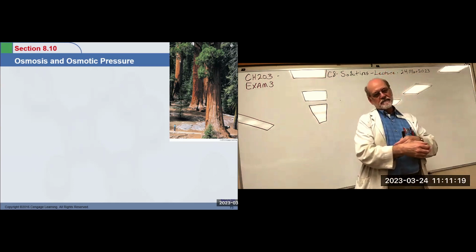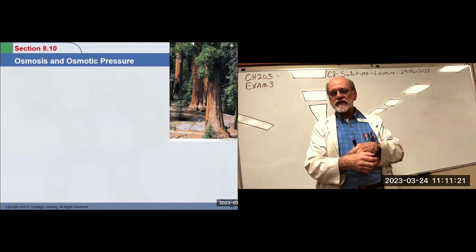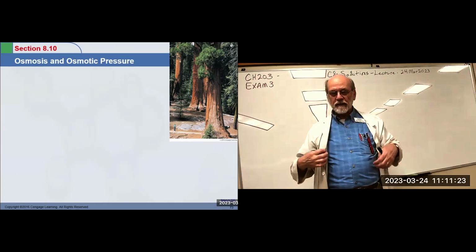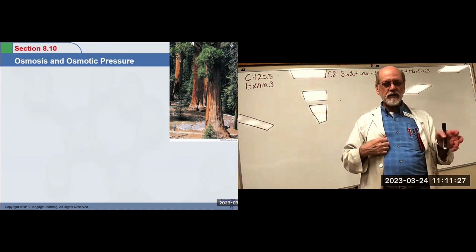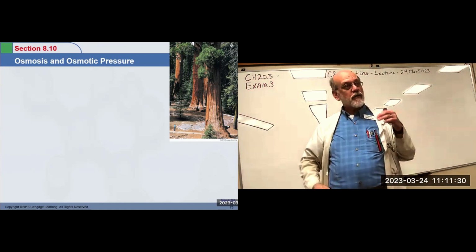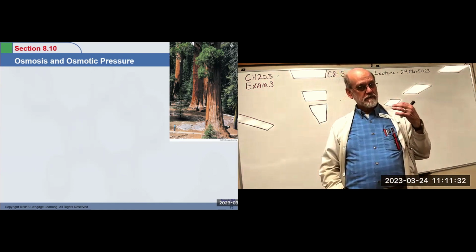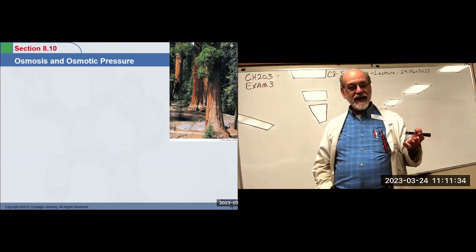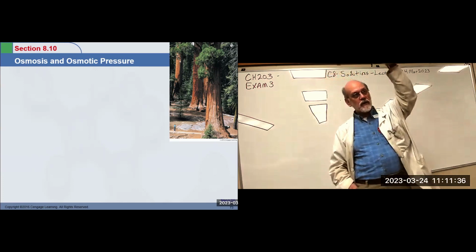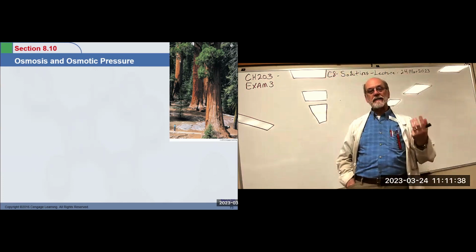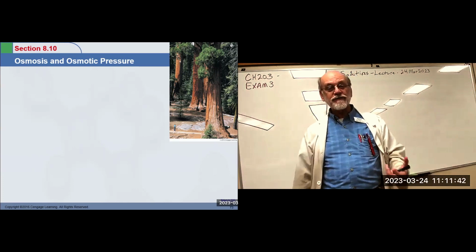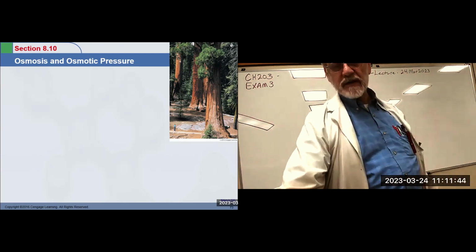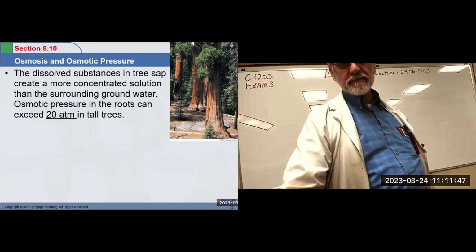Well, subsequent to that, experiments were conducted and found that that couldn't happen. I don't have time to go into the experiments, but another proposal is more believable. And that has to do with, rather than sucking the water up in the tree, we push it from the bottom. So what kind of forces could drive water to 300 feet up a sequoia's tree trunk?